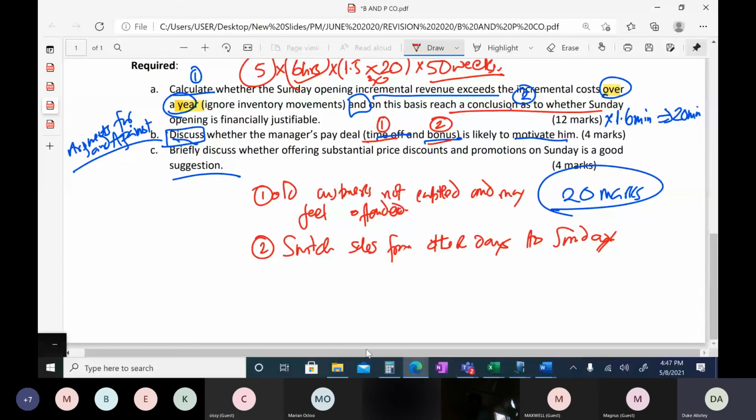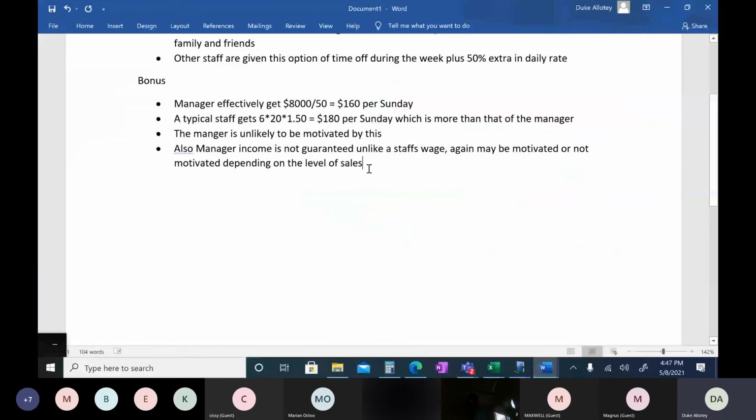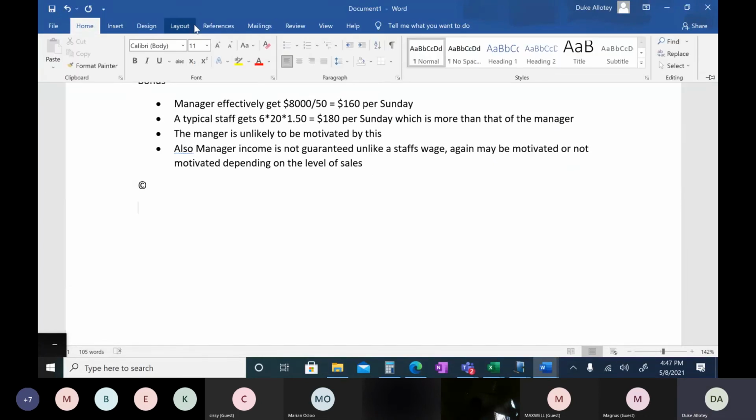So let me just start typing the C part of it here. As you can see, the C. So the argument whether giving substantial discounts makes sense or not, that is what I'm saying.